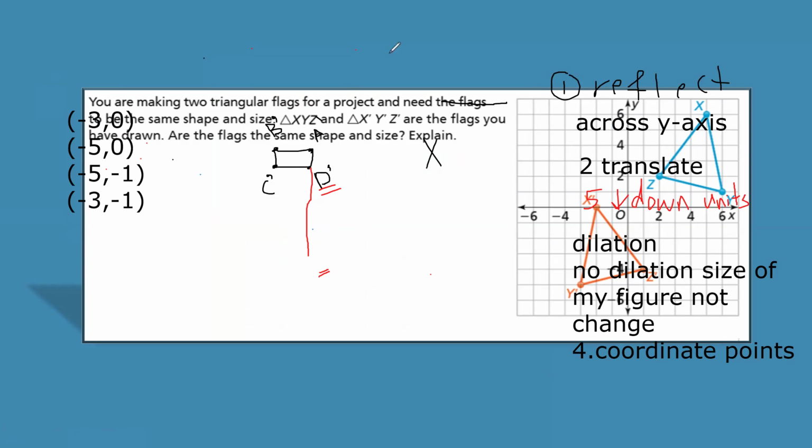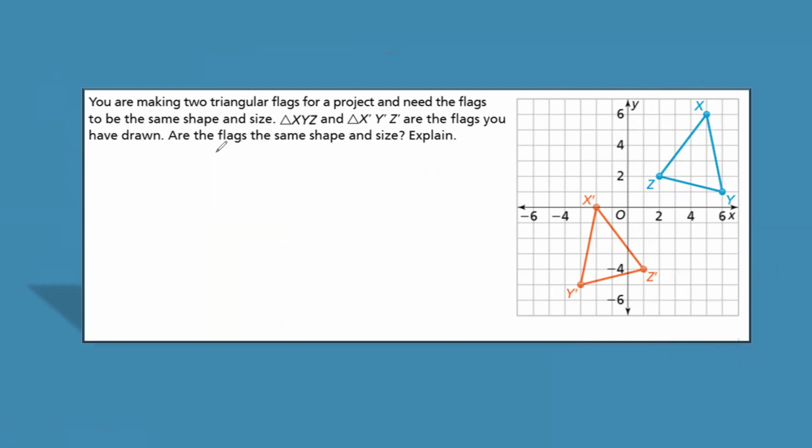Okay, next question. You are making 2 triangles, flags, for a project, and you need the flags to be the same shape and size. Triangle XYZ and triangle X prime Y prime Z prime are flags you have drawn. Are the flags the same shape and size?